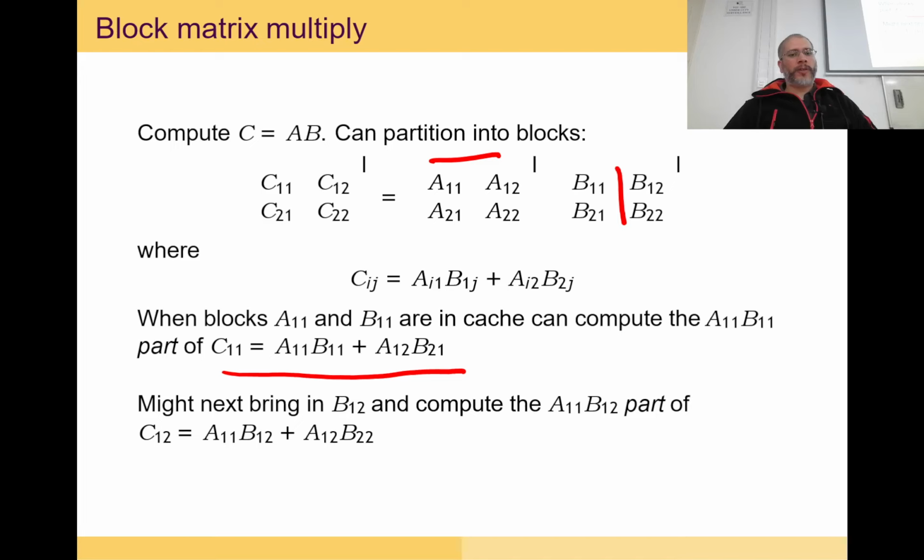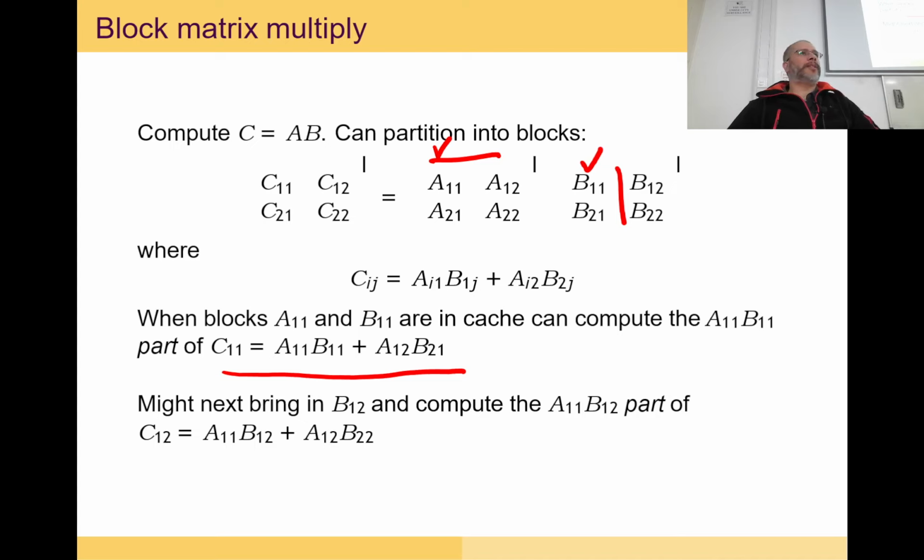But if you have brought A11 and B11 into the cache to multiply them, that's the first operation you're doing, A11 times B11. The next thing you want to do is multiply A12 by B21. But you see that A11 as a block is already sitting in the cache. So why not utilize that?